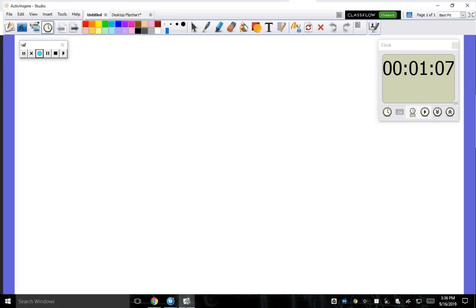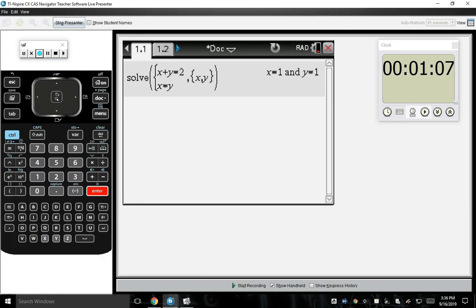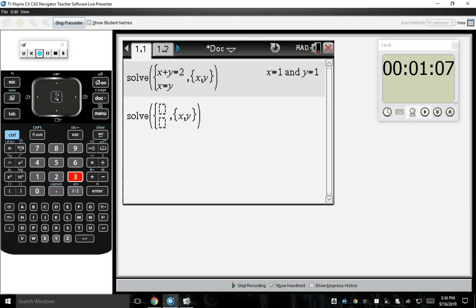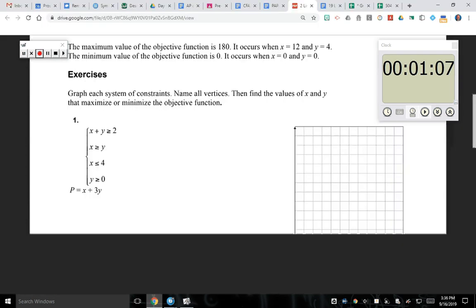So let's go back to the calculator, and you see that I just did it. So menu 317 will get you to that solving systems of equations. We press enter. Yeah, 371. And then I'll do x plus y is equal, even though it's an inequality, I'm setting it equal so that I can find when those corners are happening. So I could do that for the first two equations.